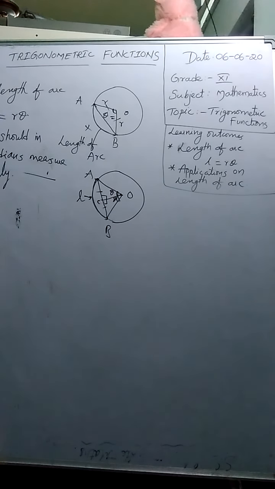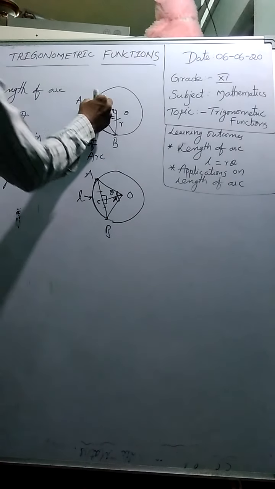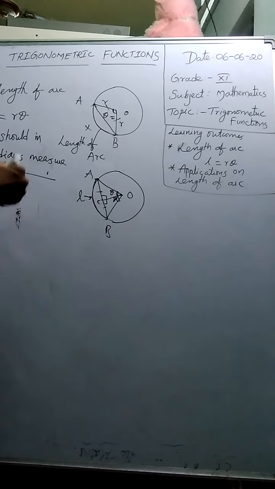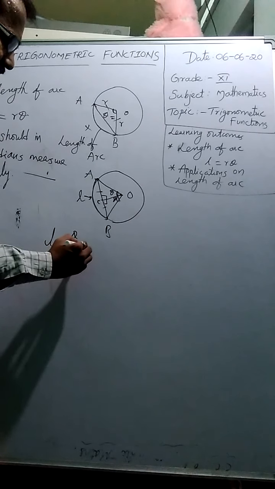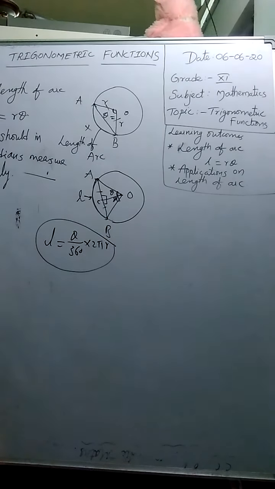Okay, students. Once again I am repeating, an arc is nothing but a part of a circle. For finding the arc we have the formula r theta, but in 10th class you have L equals theta by 360 into 2 pi r. In this case we will use r theta.